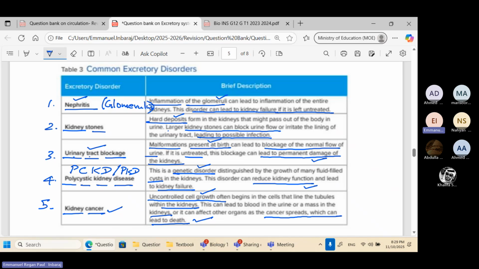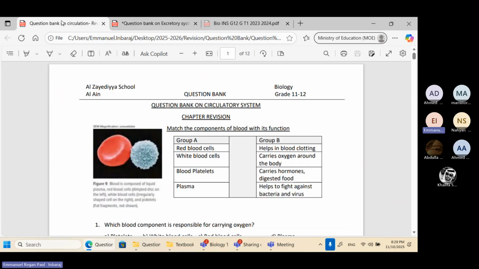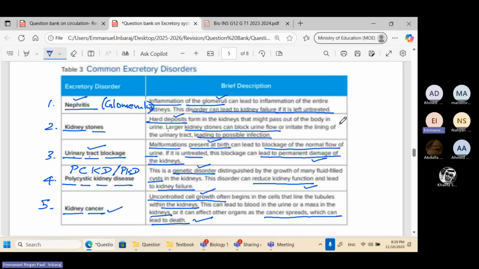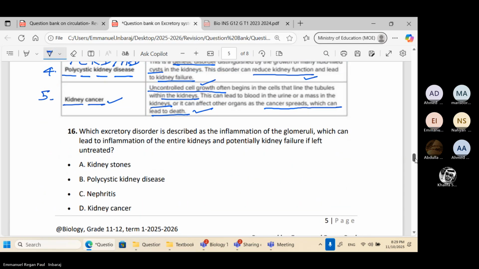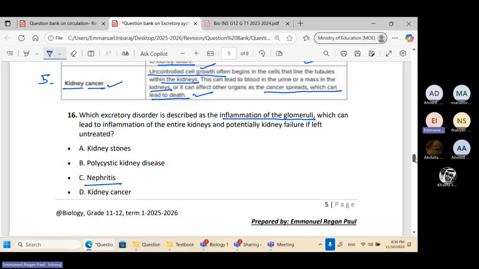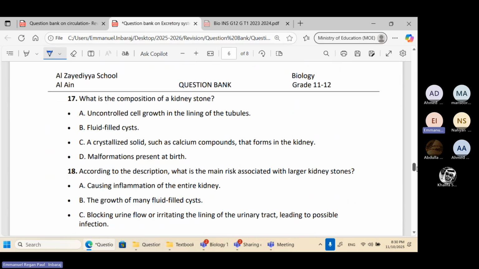All right, so this is some of it, and let's go to the questions. Here we go. Now tell me, inflammation of the glomeruli, what type of disease is this? Nephritis. Inflammation of glomeruli, nephritis. Let's go to the second one.